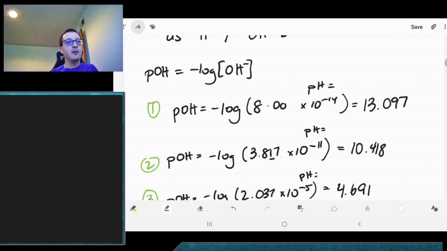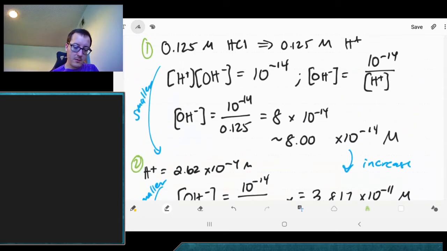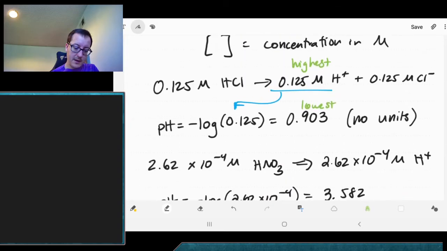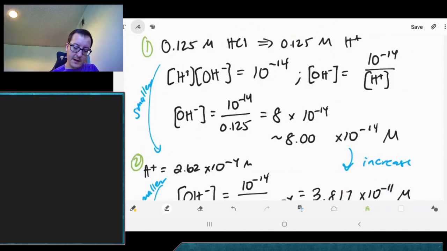Let's take a look at what the pHs were for all of these. While we're here, might as well. If we scroll all the way up, the pHs were 0.903.